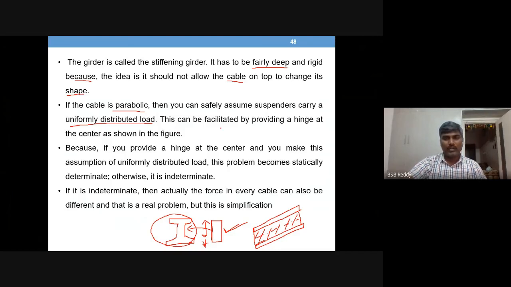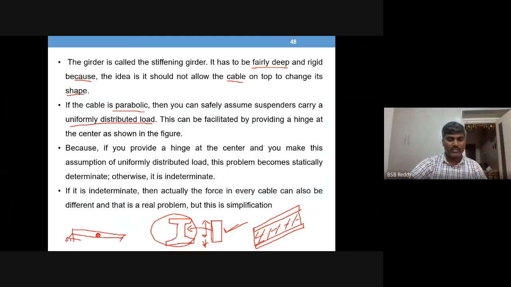This can be facilitated by providing a hinge at the center, as shown in the figure. Let us see a typical three-hinged girder. There is a hinge at the center and another hinge at the end.